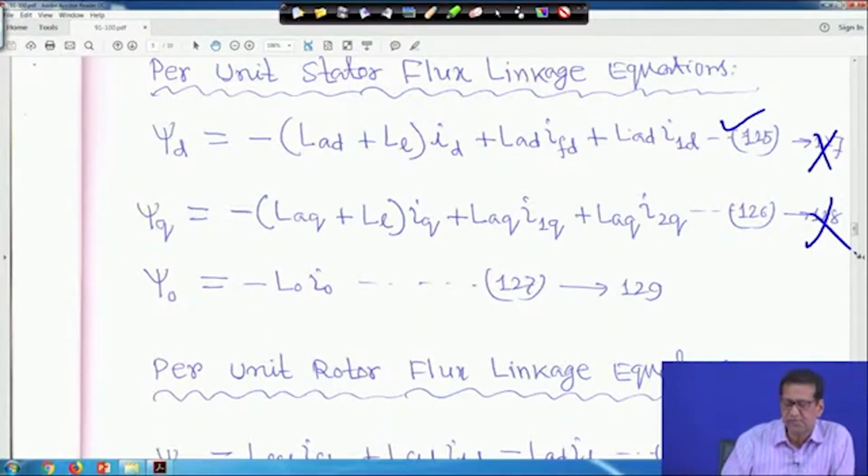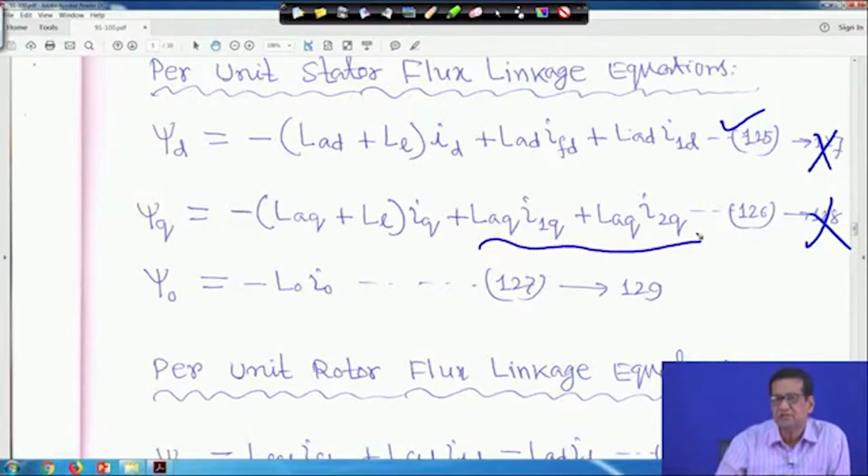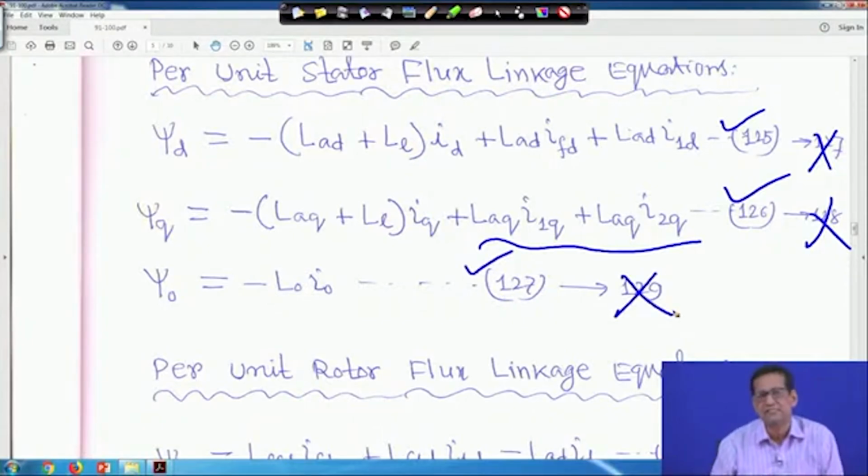Similarly, psi q is equal to minus in bracket LAQ plus LL IQ plus LAQ I1Q plus LAQ I2Q, because these two terms are coming, because in the q axis we have chosen two amortisseur windings. This is equation 126, and psi 0 is equal to minus L0 I0. This is equation 127. This equation number you should not see, right.